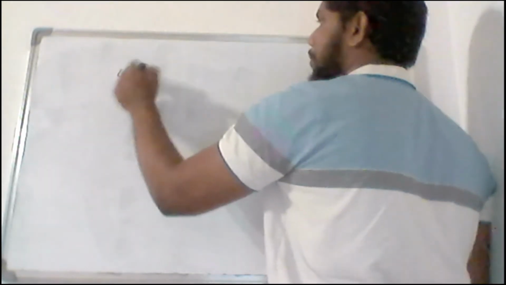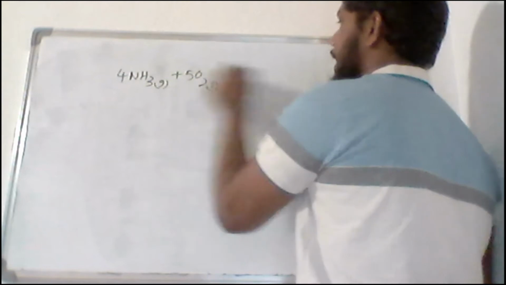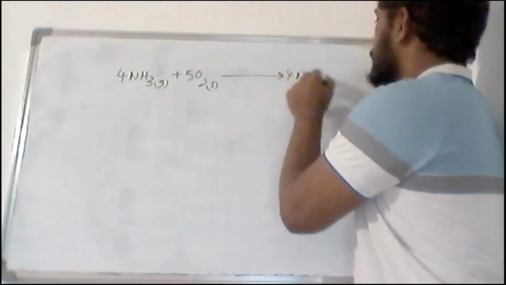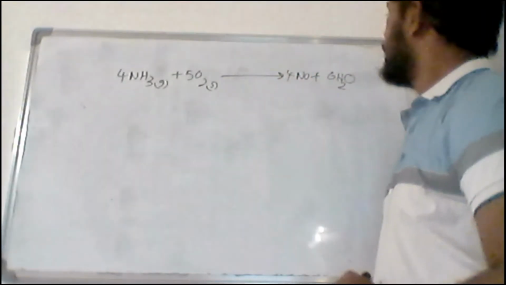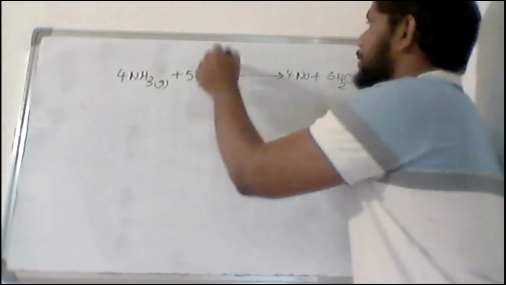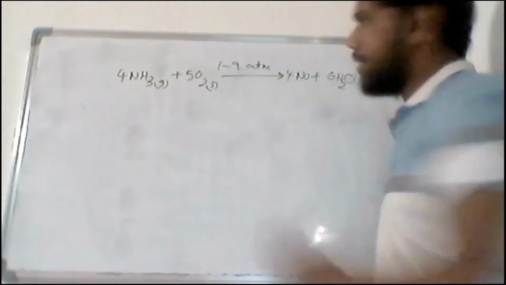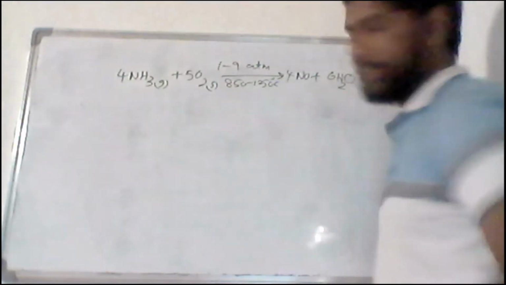So 4 NH3 gas with 5 O2 gas will give you 4 NO plus 6 H2O. Okay. The important part is the condition. So the pressure is around 1 to 9 atm, and the temperature is around 850 to 1250 degrees Celsius.